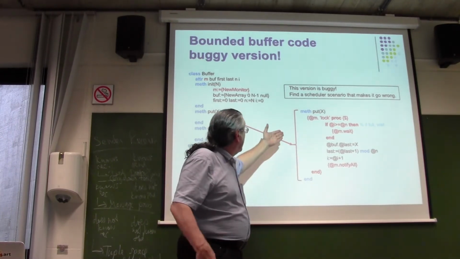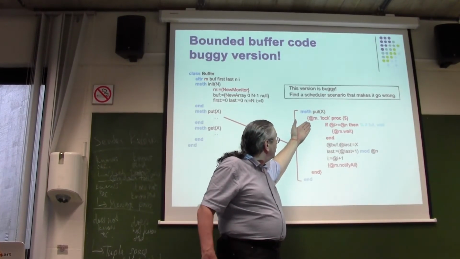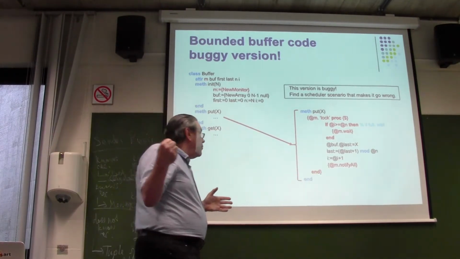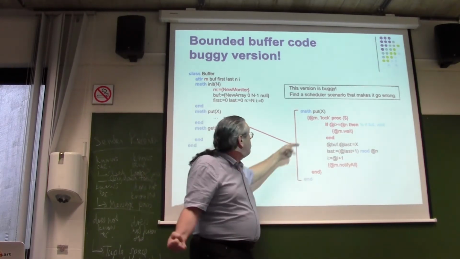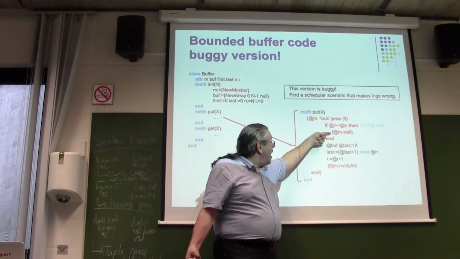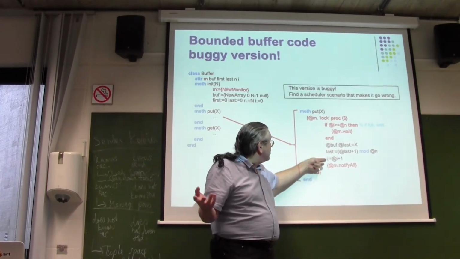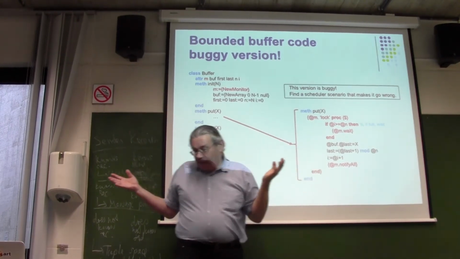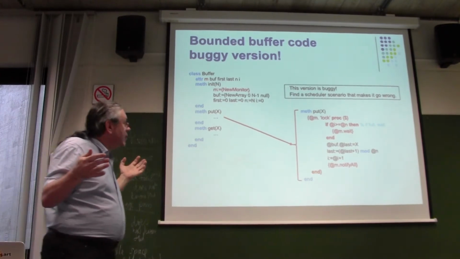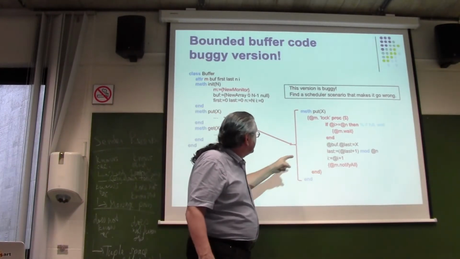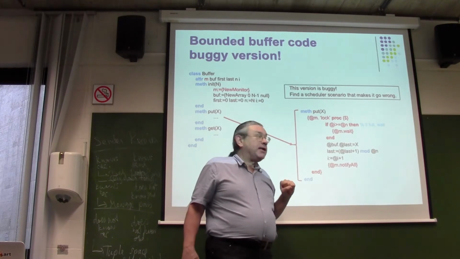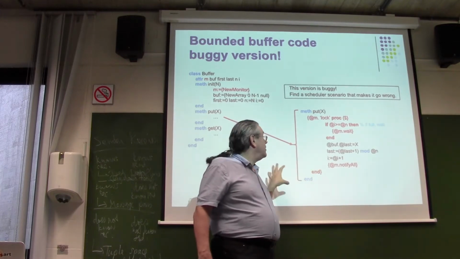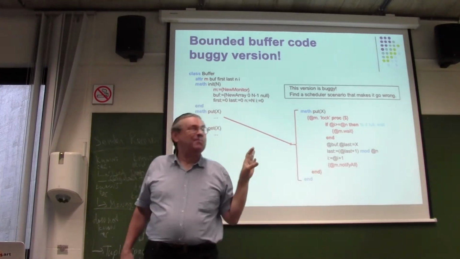So if this put is done when the buffer is full, and then I do a get after that, the get will remove an element, the get will do notify all, the put will wake up, and it will succeed because there's a slot available, right? So that's correct. That's one scenario. But there are other scenarios with this code that actually make it go wrong. So this is actually a buggy program that will be totally incorrect, okay?